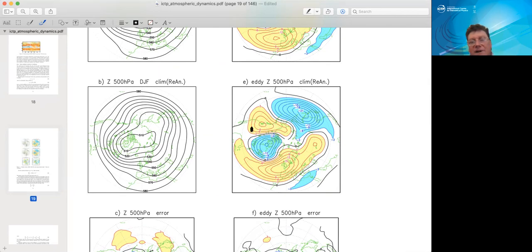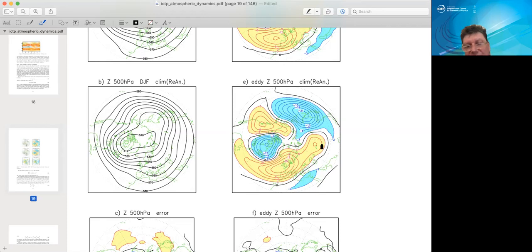Over the Rockies, we find indeed that we have a positive anomaly. I tell you that stream function and geopotential are proportional to each other, and our geostrophic treatment has shown us this. So we consider this geopotential, we can consider a stream function. And so we see that indeed we find a stream function ridge over the Rocky Mountains.